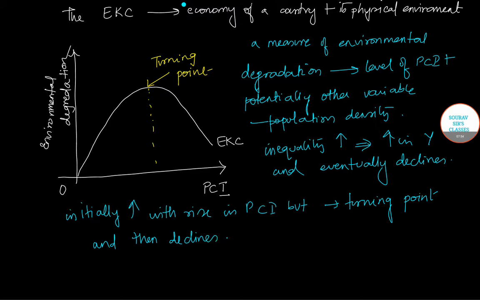Now the resulting curve which you see is an inverted U that was made famous by Simon Kuznets, and this was done in the year 1955. Okay, I am not going into that detail.